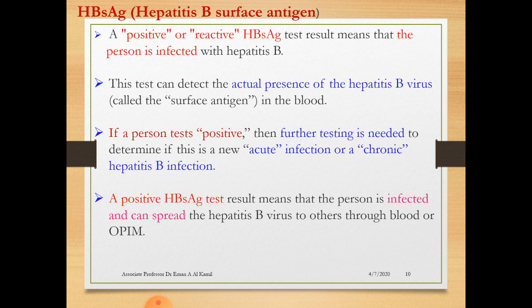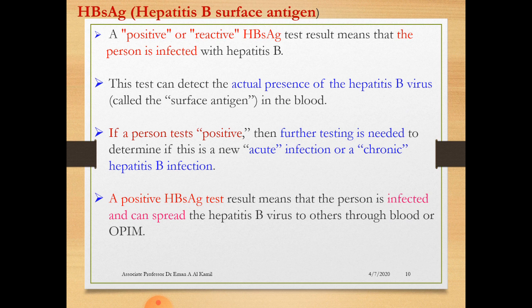A positive or reactive hepatitis B surface antigen test result means that the person is infected with hepatitis B virus. So the presence of hepatitis B surface antigen means that the individual is infected and can transmit the infection to other people. This test can detect the actual presence of the surface antigen in the blood.